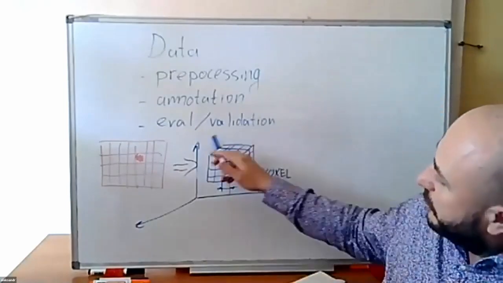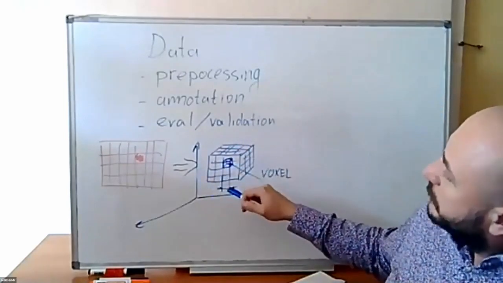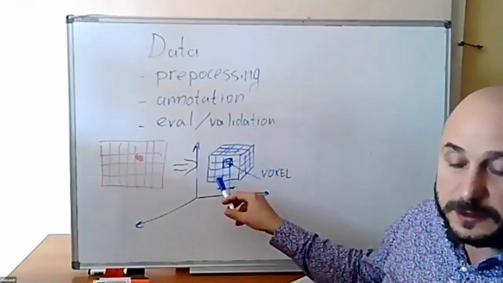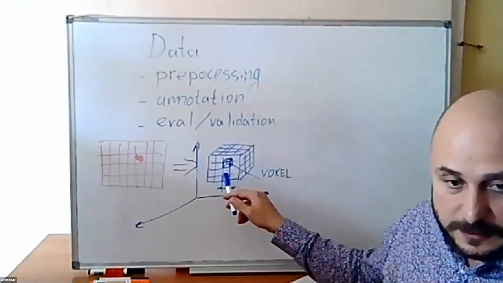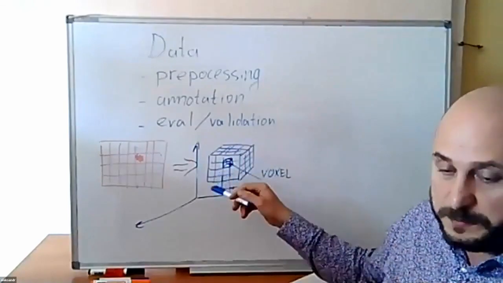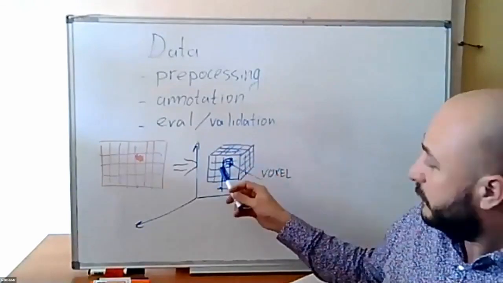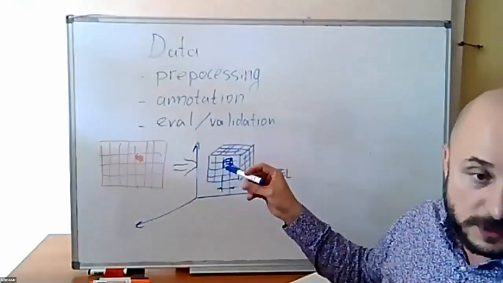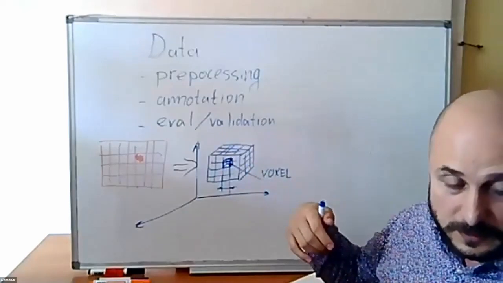And inside of this space, we can define some voxels to be an empty space, other voxels to be a part of teeth, and others to be a part of gum.